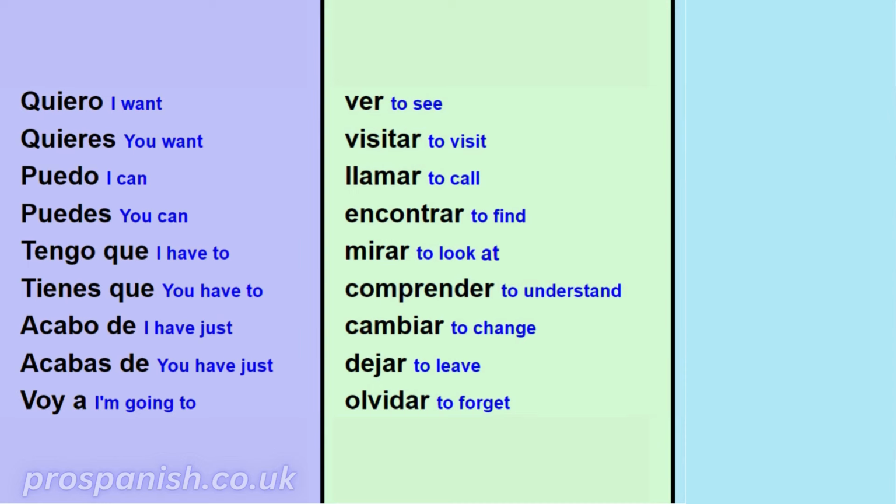So, acabo de, I have just. How would you say, I've just visited Mexico? And I know if you look at the English, it sounds like you're saying, I have just to visit Mexico. But the translation in English would be, I have just visited Mexico.